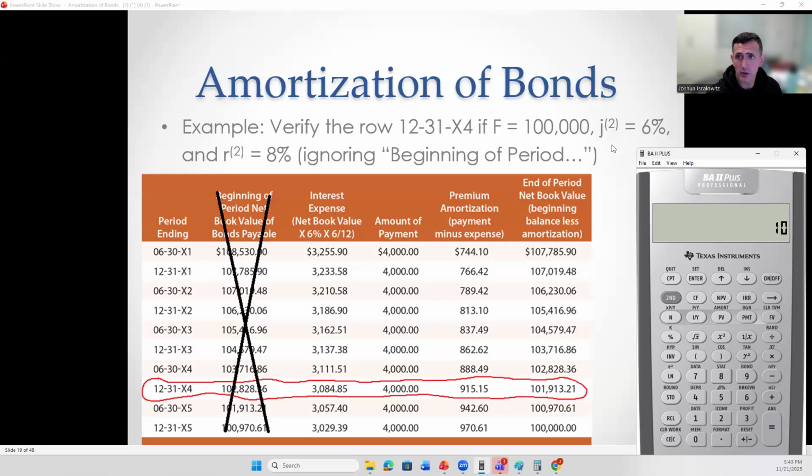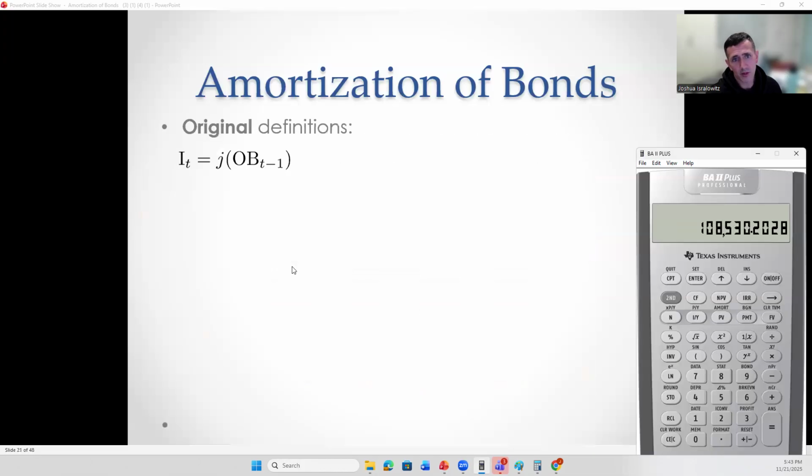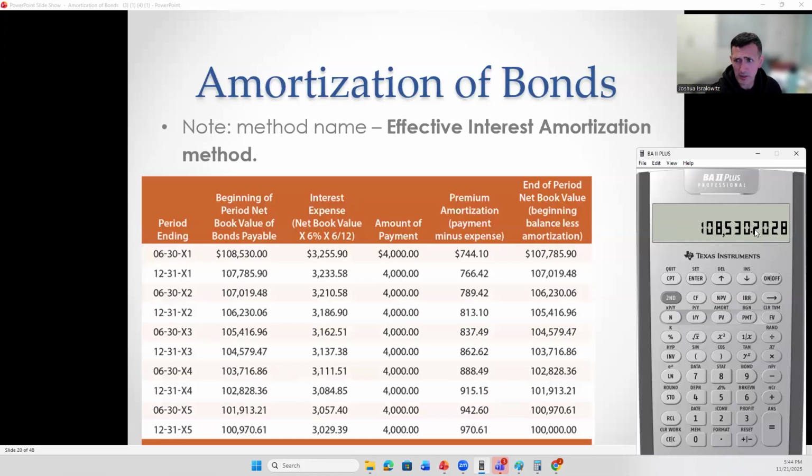Ten periods, and the yield rate is 6% over 2, 3%, 100,000 redemption. So yeah, 108,530, exactly what I have. Well, here's a 0, because they round up to the nearest dollar for some reason for the bond price.